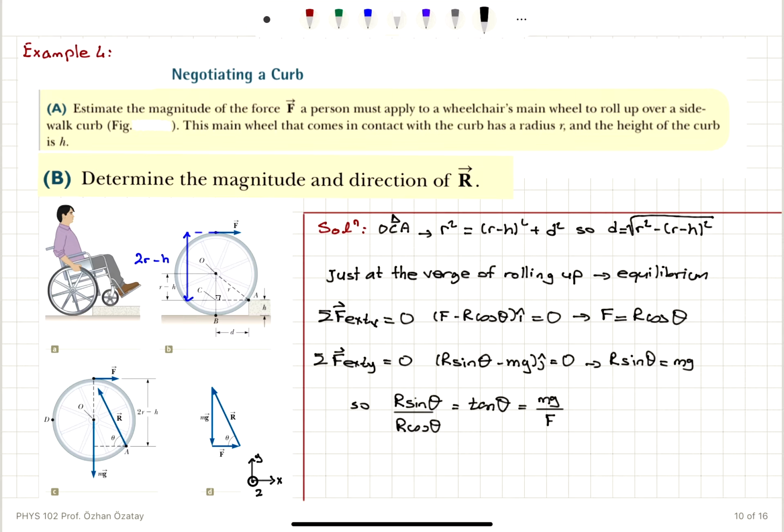And for the rotational equilibrium requirement, the net external torque should be equal to 0. We're going to choose a pivot point here, and since I want to eliminate this force R, I'm going to choose the pivot point at point A. As you know, we have freedom in choosing the pivot point. So writing the torque with respect to point A, now you can see why I calculated this d here.